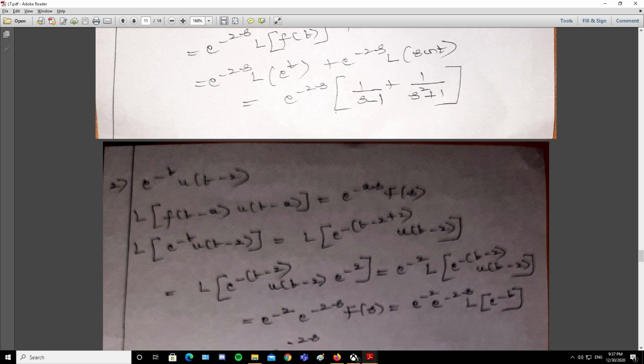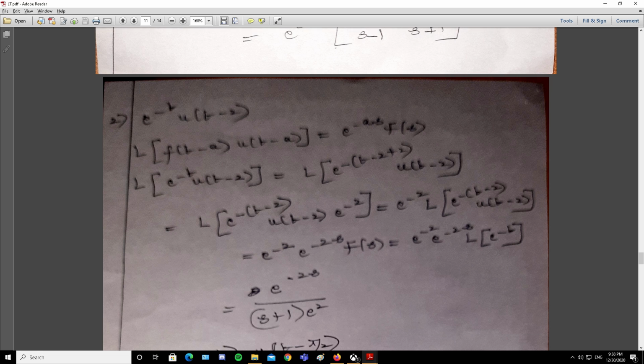What is it by Heaviside shift theorem? a is 2, so e power minus 2s into L of f of t. What is f of t? u is a step function. You just delete a. What is f of t? e power minus t. So e power minus 2 into e power minus 2s into Laplace of e power minus t.